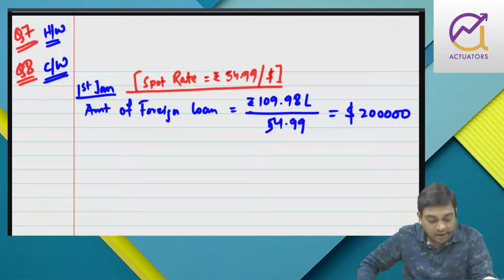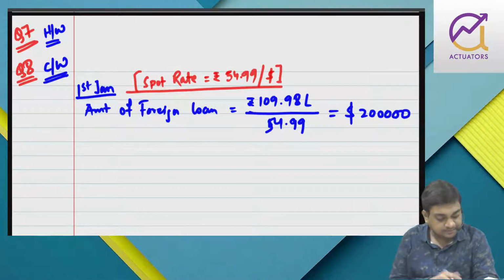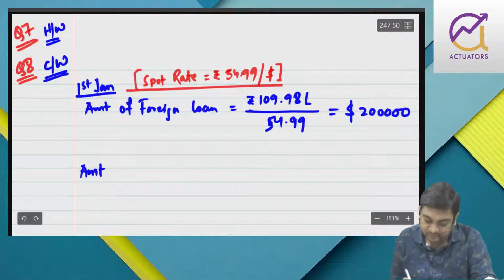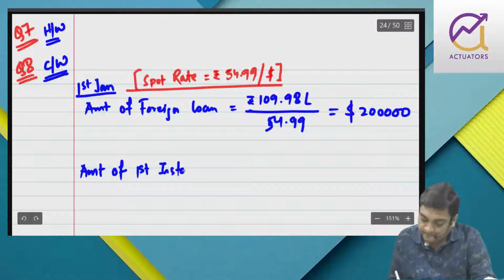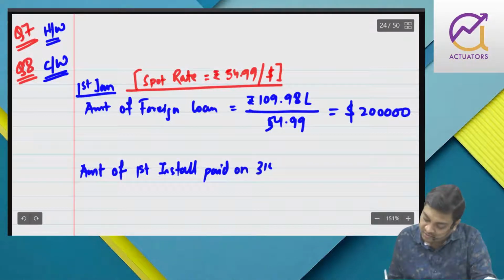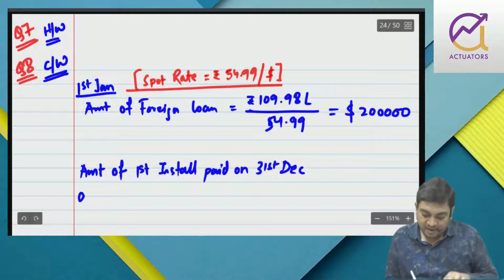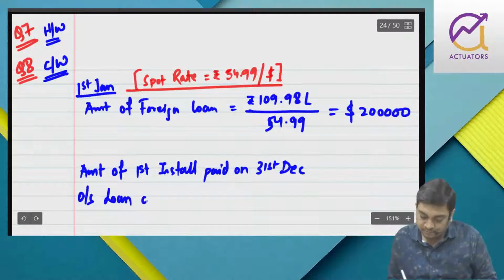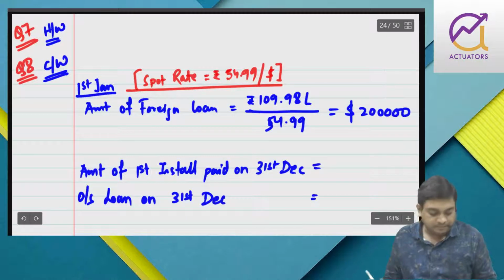Right? Okay. The first installment, 4 equal installments, na? So the first installment is paid on 31st December, and then the outstanding loan on 31st December.